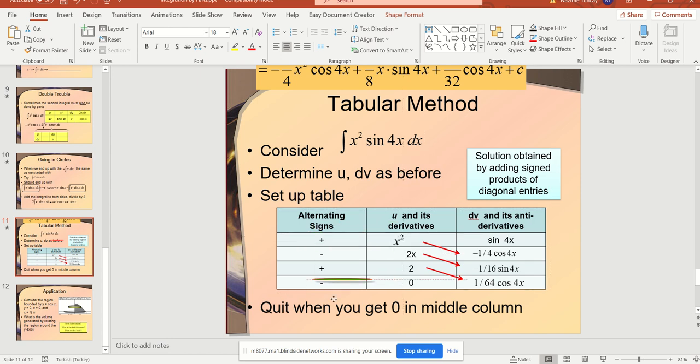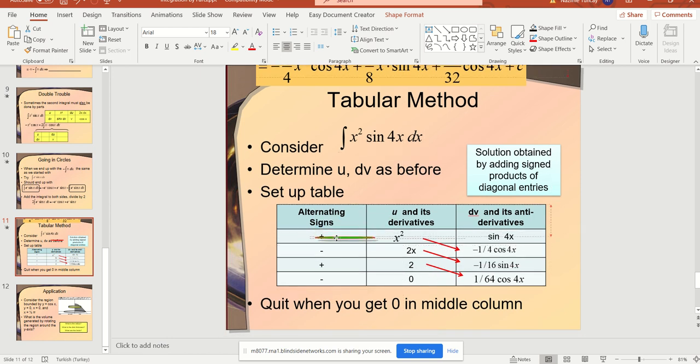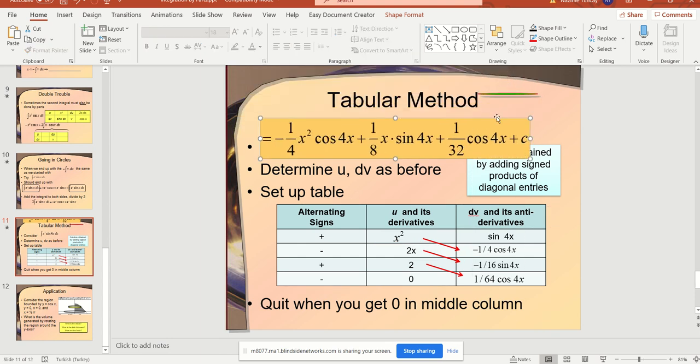And these are alternating signs. It means that we have to write plus, minus, plus, minus, and we have to do cross multiplication. You can see this here. X squared times minus 1 over 4 cos 4x, minus 1 over 4 x squared cos x, it's just here.